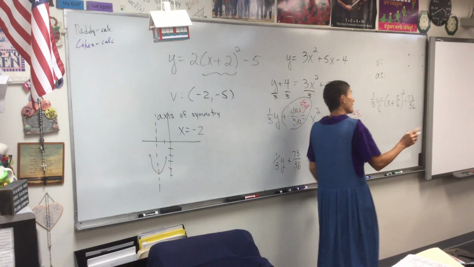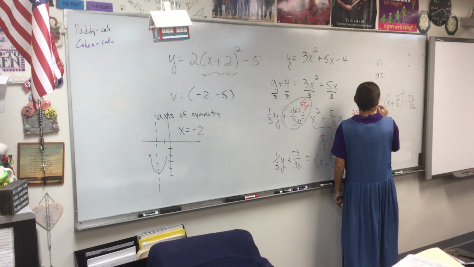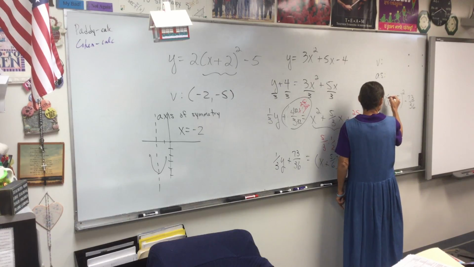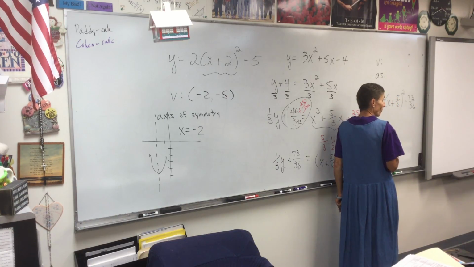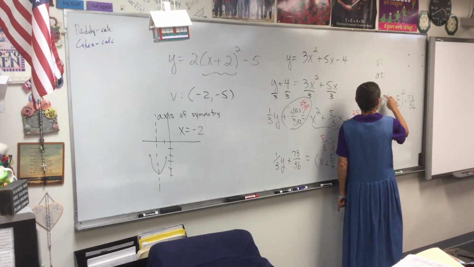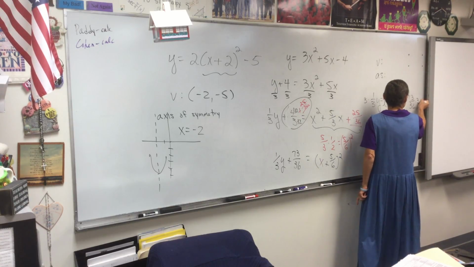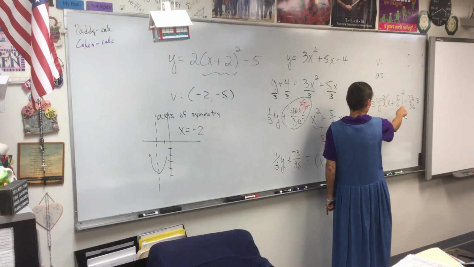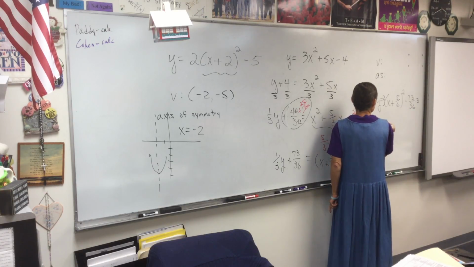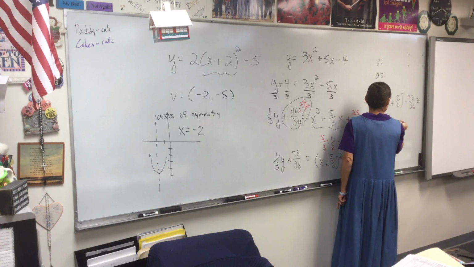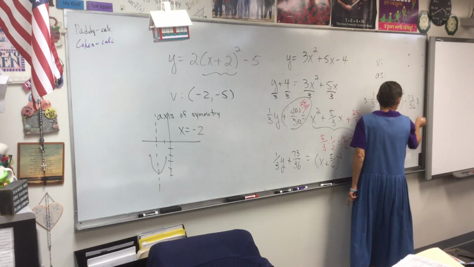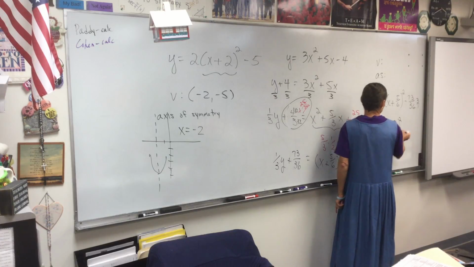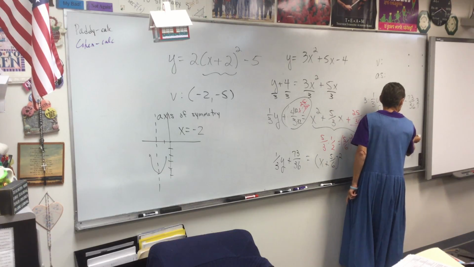When you times by 3, you're going to multiply the whole parentheses by 3, but nothing in it. Don't multiply what's in the parentheses, and don't forget to multiply that number by 3. So y equals 3 times (x plus 5/6) squared. Now when you multiply, we can cancel a little bit, can't we? So 73/12.